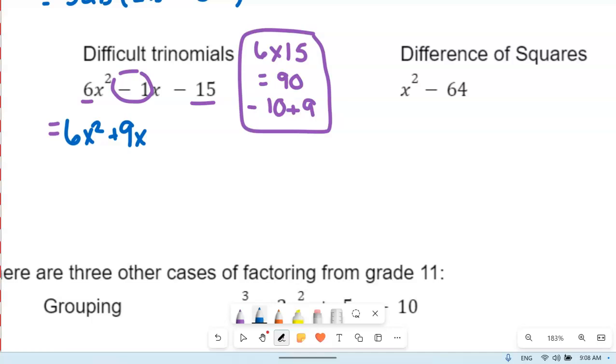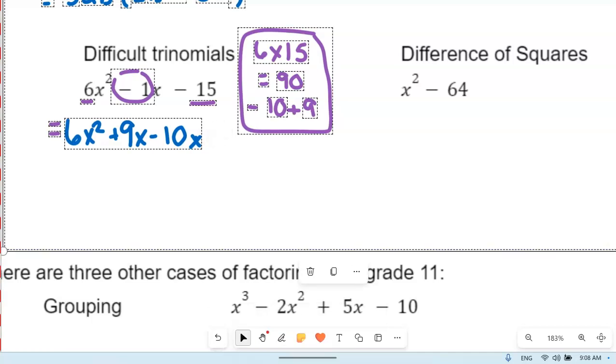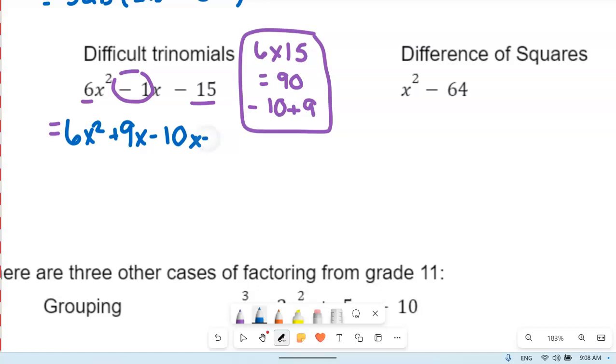And we're going to put our factors in the spot of that 1x. Okay, so we've taken this 1x and we've put these 2 factors in that spot instead. And we haven't changed anything because 9x minus 10x is negative 1x.